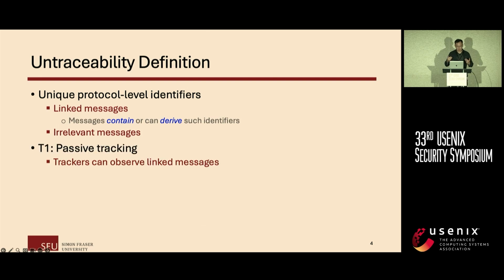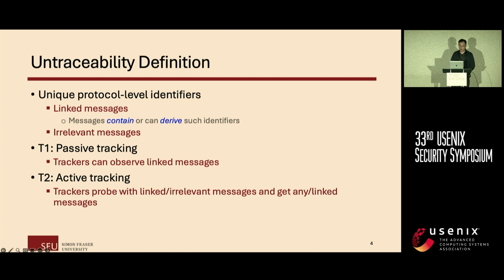Based on these 2 types of messages, we summarize 2 types of device tracking. One is passive tracking, meaning that a tracker can passively observe the linked messages that can be linked to a unique identifier.